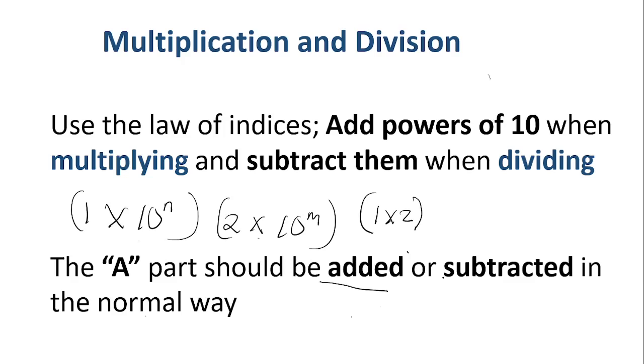I hope you guys are taking note of this. a times 10 to the power n divided by b times 10 to the power m is going to be equal to, of course, a divided by b times 10 to the power n minus m.